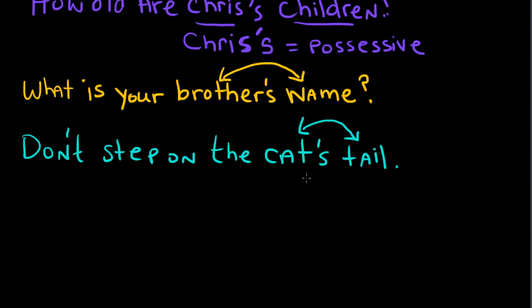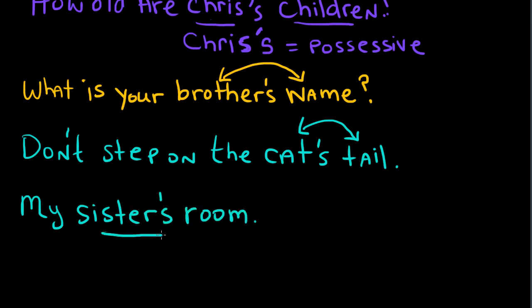Okay, for example, you can also say with the singular noun, we use apostrophe S. My sister's room. So it means you have one sister, so it's singular.